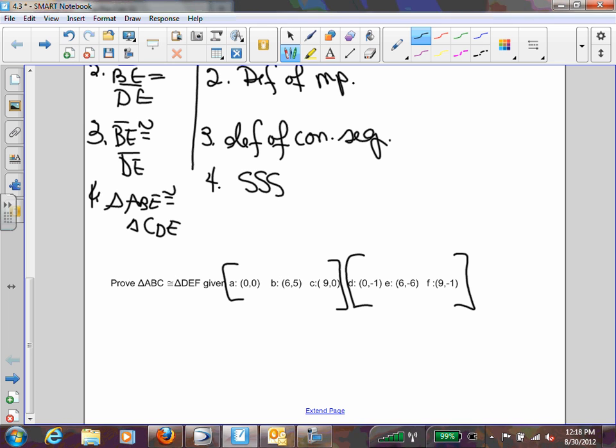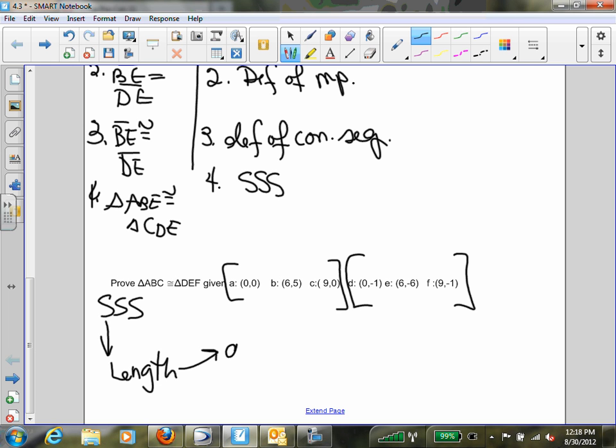Not by looking at it. What do we have to use? Why do we need slope? Because if I have SSS, that is length oriented, isn't it? So I need distance.